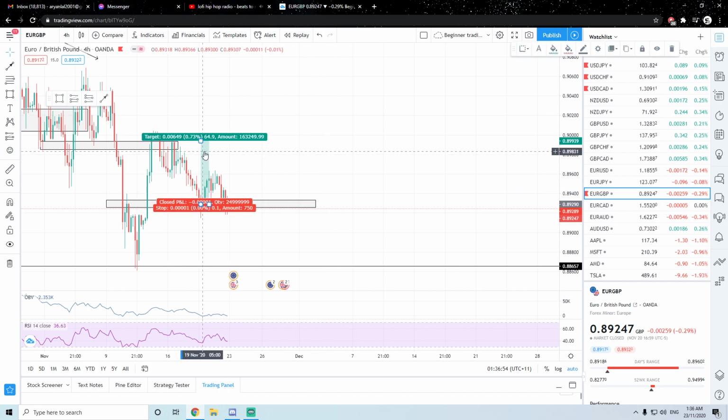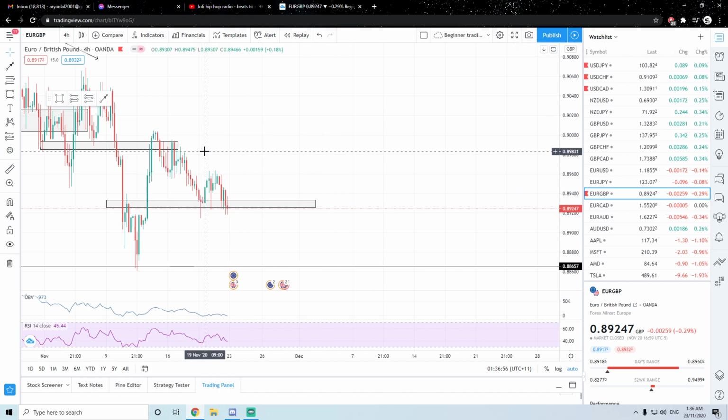But at the end of the day, that's still 1%, and on 100k, 1% is still equivalent to 1k. So even if I only made 1% in one trade, that is still plenty of money for the day. If I was to make $1,000 off of a trade, I'd still be pretty happy about that.